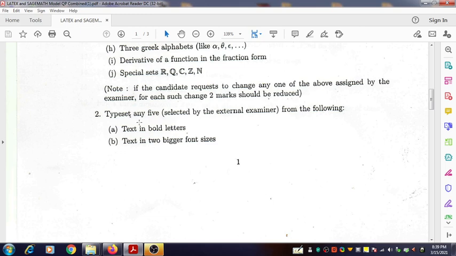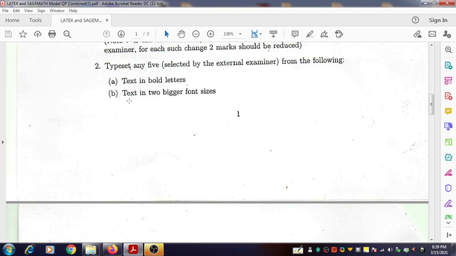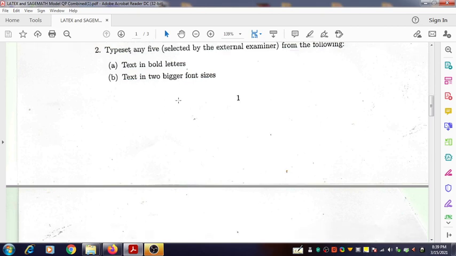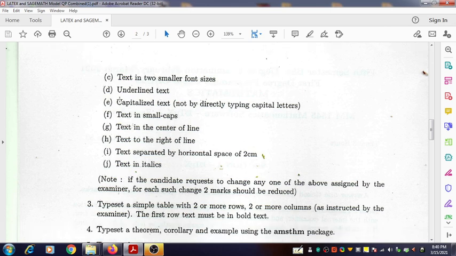And then the next question, typeset any 5 from the following. Text in bold letters, text in 2 big font sizes, text in 2 small font sizes, and underlined text.